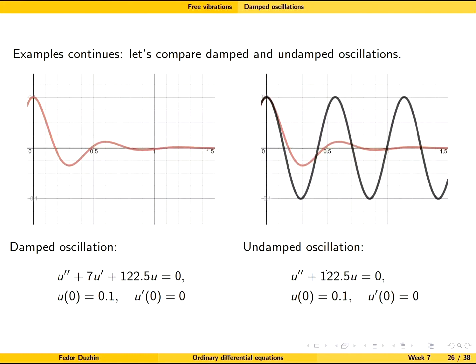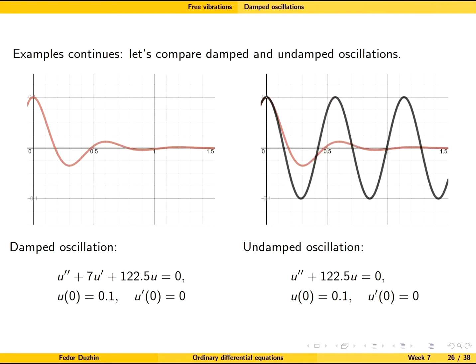Then we can plot damped oscillations and undamped oscillations together. Without damping, of course, the oscillations continue, but what damping does is that it makes the amplitude of oscillations quickly decrease with time. But not just that.